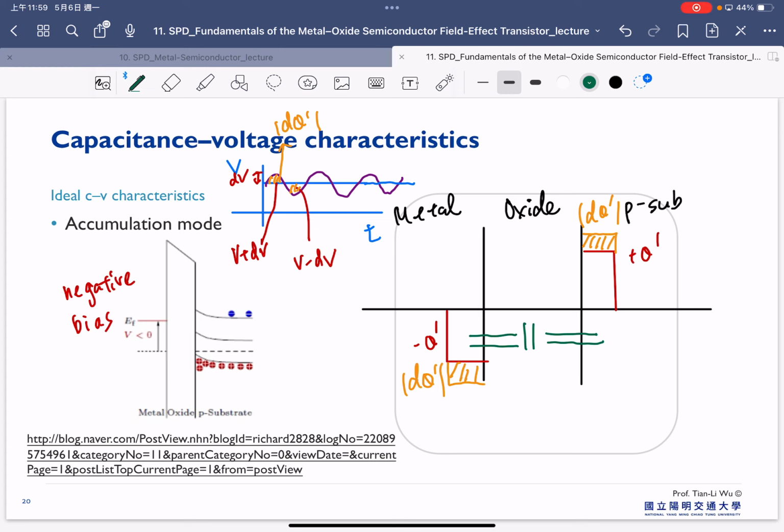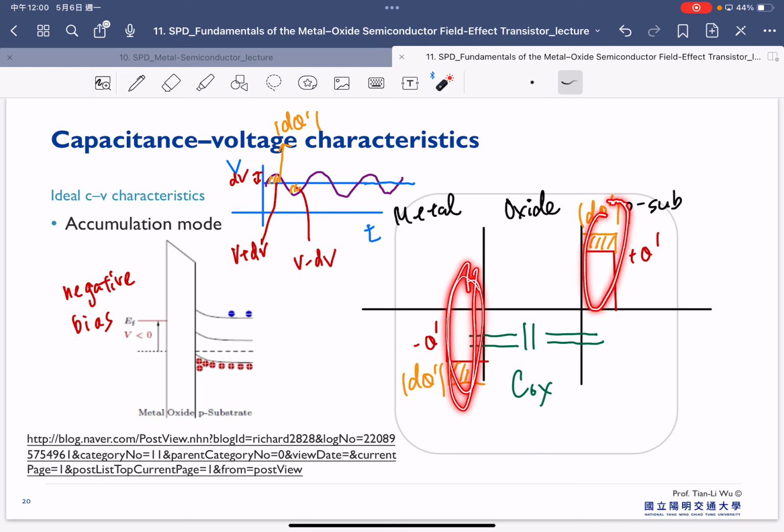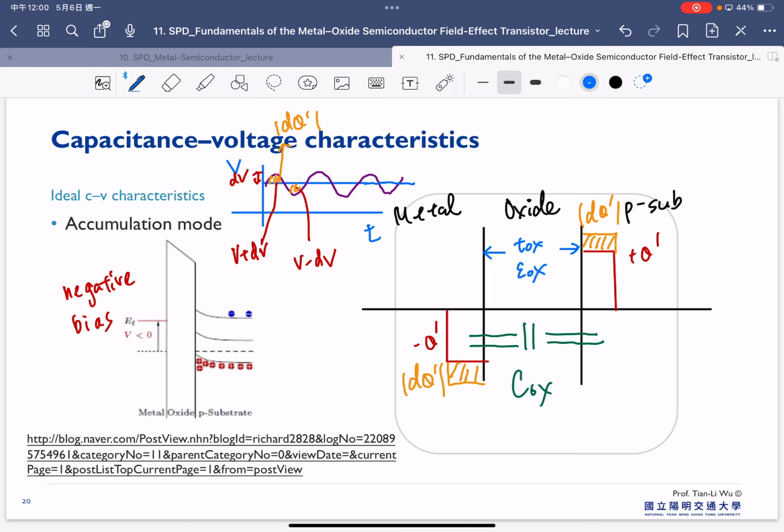And this capacitance will be just exactly like the outside capacitance, because your charge is changed at this place and this place, leading to the formation of a capacitance equal to the oxide thickness relation, which is related to T-ox and epsilon ox.